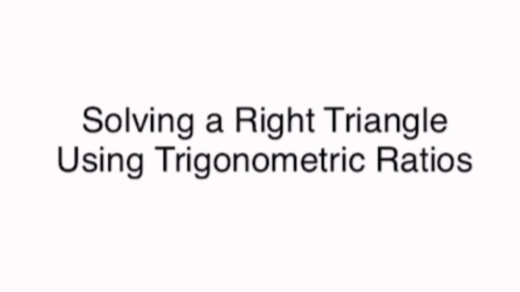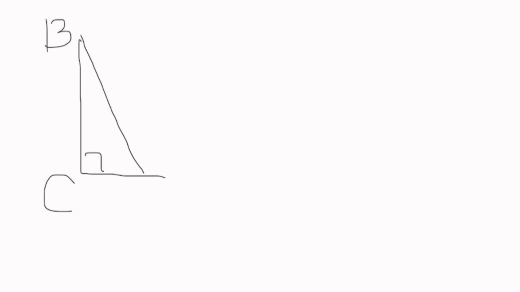So for this video, I will be discussing how to solve a right triangle using trigonometric ratios. For example, if you have a figure here, this is the right angle here, this is C, this is B, and this is A. Given here, this is 58 degrees.